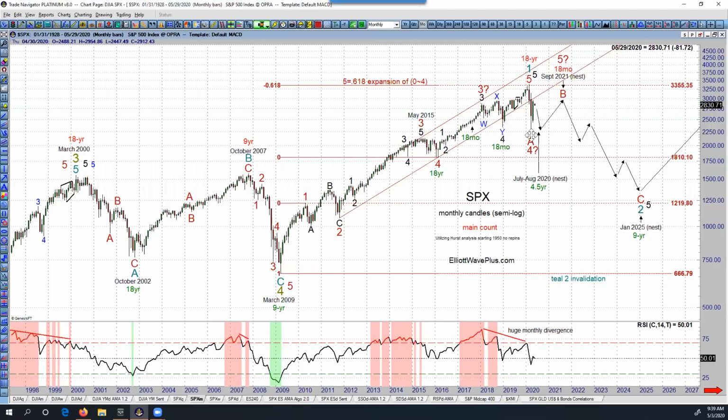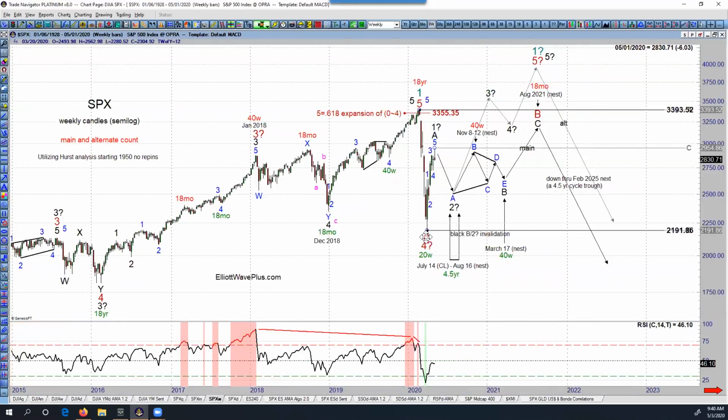This initial move to the downside, I'm going ahead and labeling with a wave A. And alternatively, I've got it as the end of a wave 4, and we would move on to all-time highs. An expanding triangle for wave 4, basically.